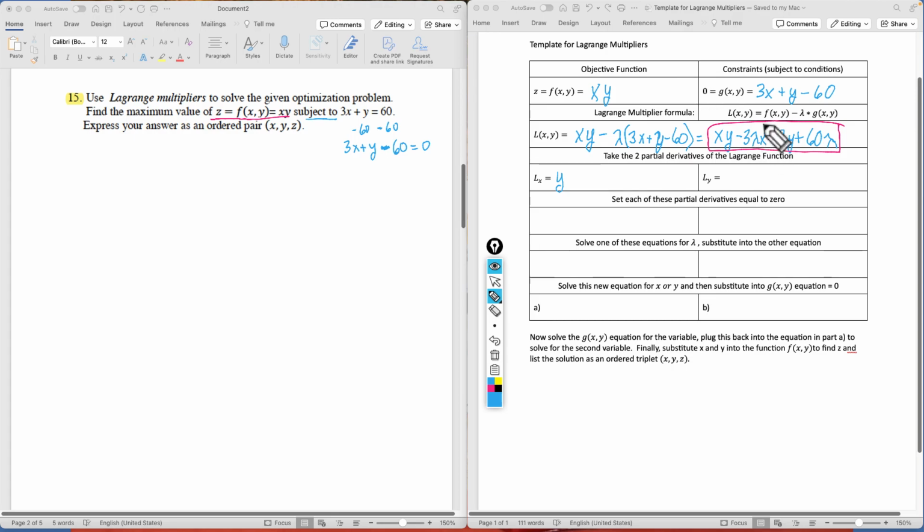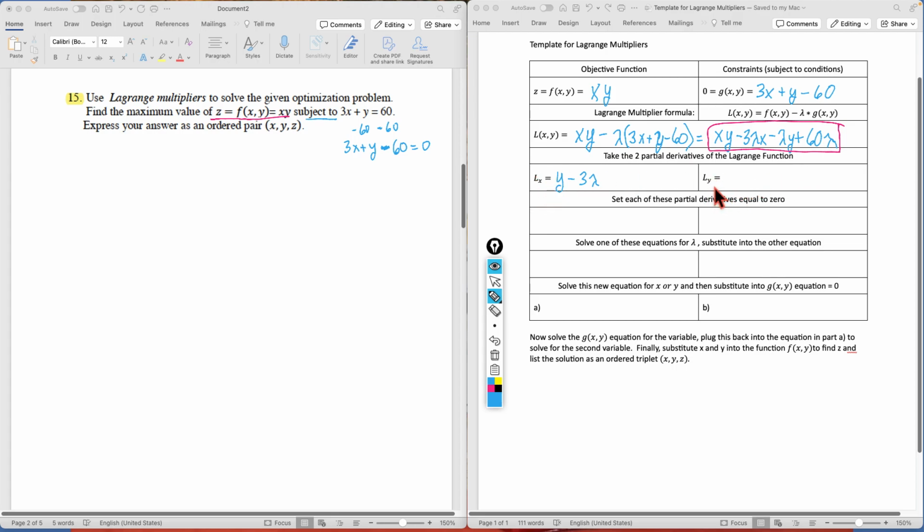The derivative of x is 1, so we get 1 times 3 lambda, minus 3 lambda. The derivative of negative lambda y, well, y is a constant, and so is lambda, so that's a 0. And the derivative of 60 lambda is a constant, so that derivative is 0. You could write plus 0, but we're just going to take those off. So that's the partial derivative with respect to x.